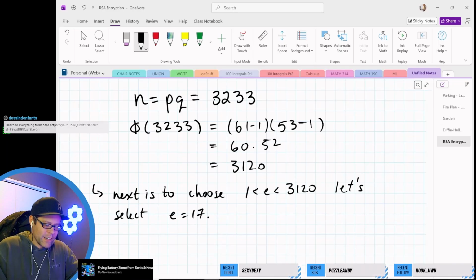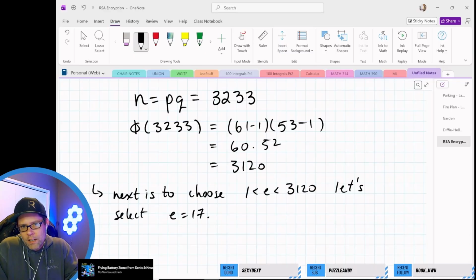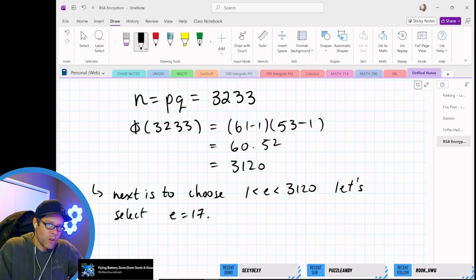So I guess the idea here would be maybe we'll select at random, we'll go through some computations to make sure it has an inverse. All we're really doing is just double checking to make sure it's co-prime with 3,120. As long as it's co-prime with phi of n, we know that we can find an inverse inside that group that we're working with.